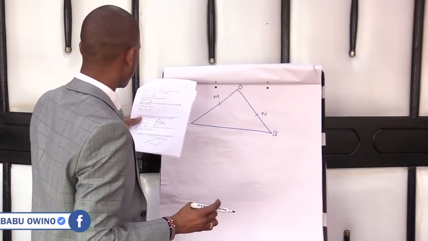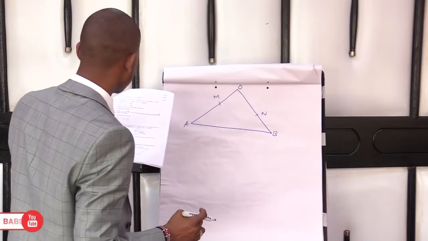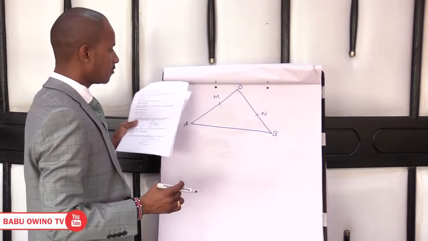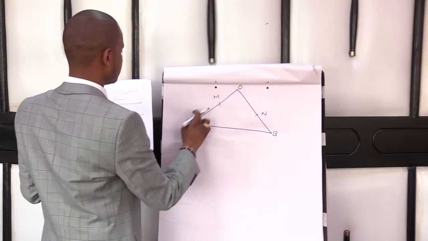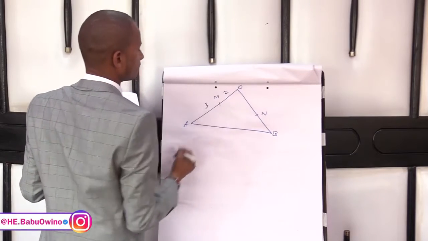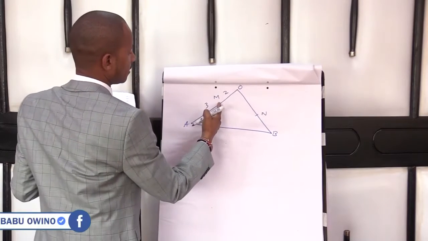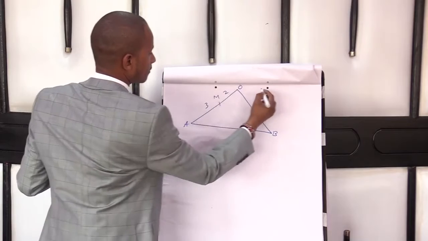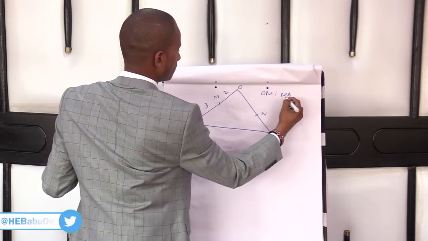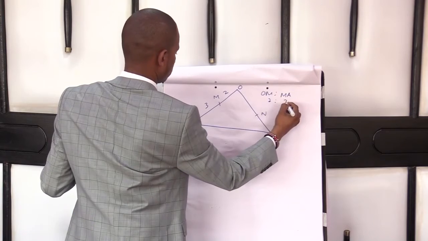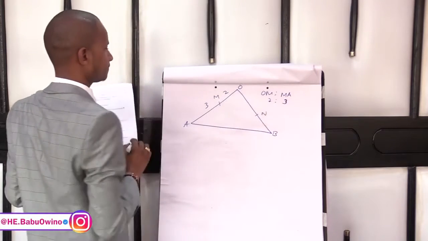M and N are points on OA and OB respectively, such that OM and MA are in the ratio of 2 is to 3. O to M, OM to MA is in the ratio of 2 is to 3.